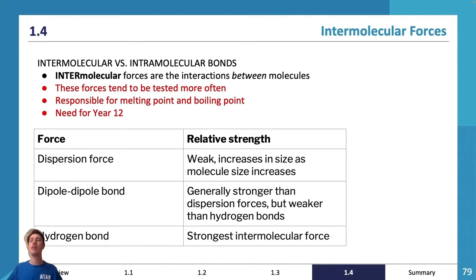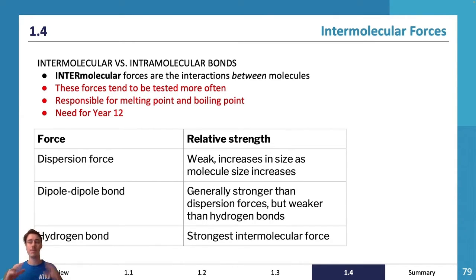Now, hydrogen bonds are special types of dipole-dipole. So they're a type of dipole-dipole, but they're special. These are between what we call the NOF rule, N-O-F. Hydrogen bonded intermolecularly, so it's not like a full bond, it's just an intermolecular bond between a nitrogen, an oxygen, and a fluorine.